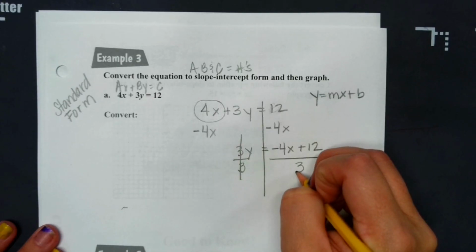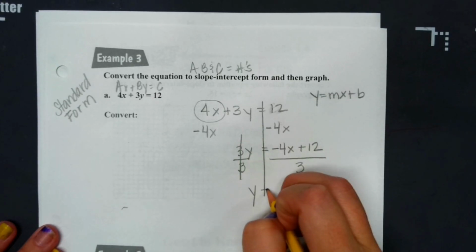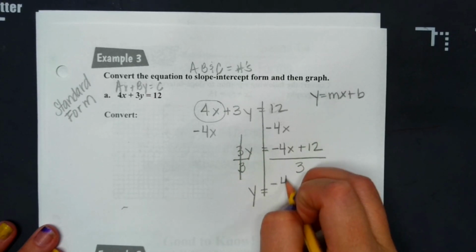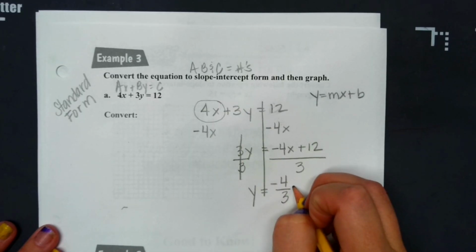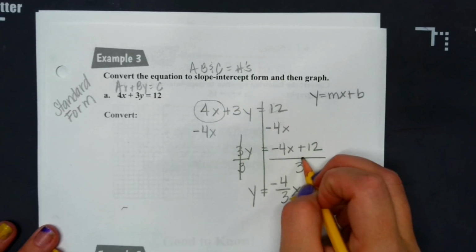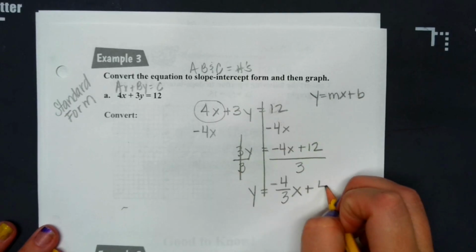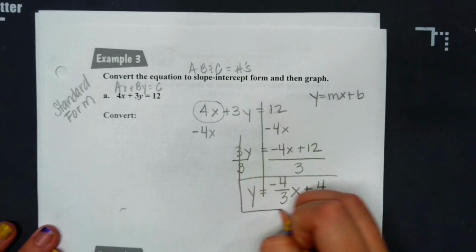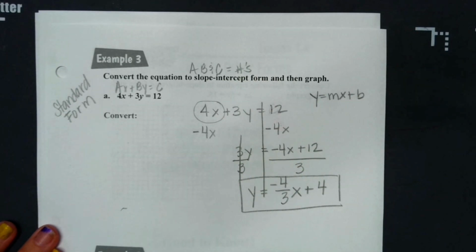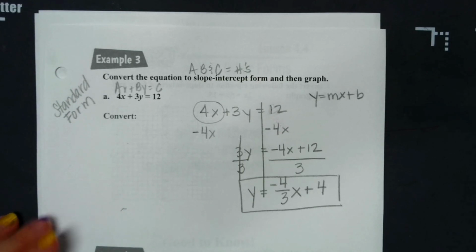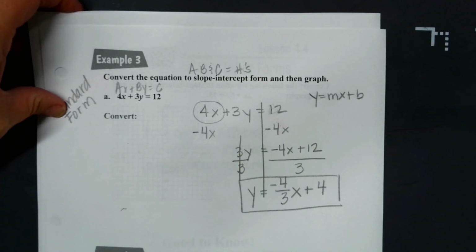Y equals, just leave this as an improper fraction. 12 divided by 3 is 4. I'm now in y equals mx plus b form, also known as slope-intercept form.